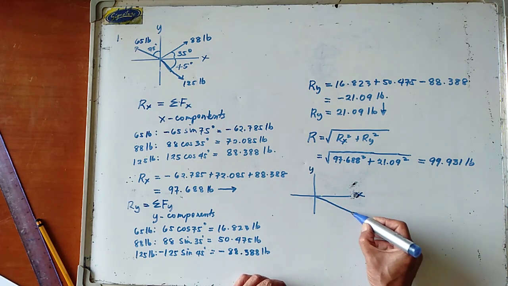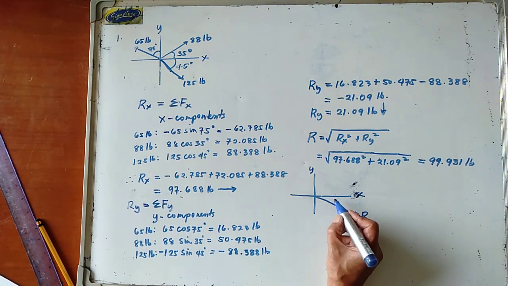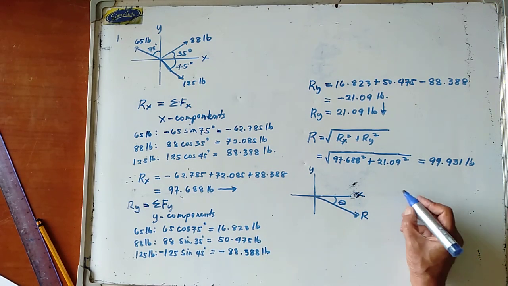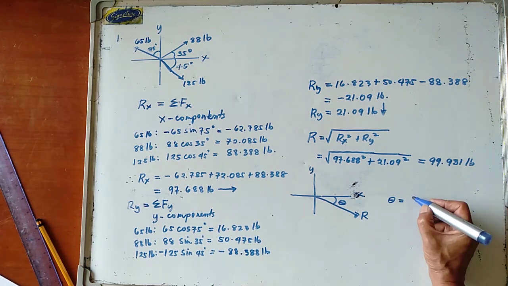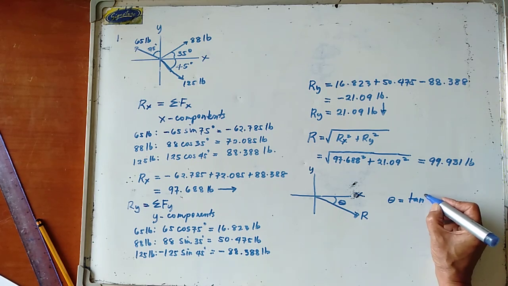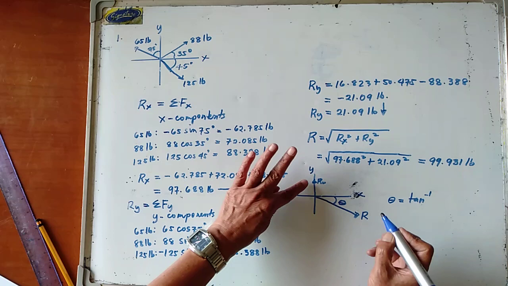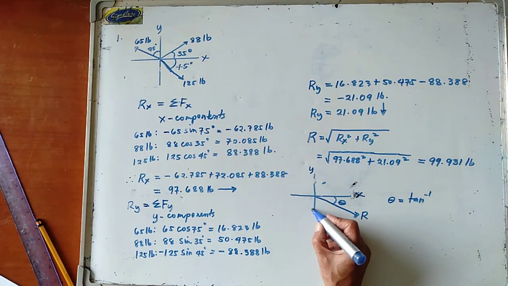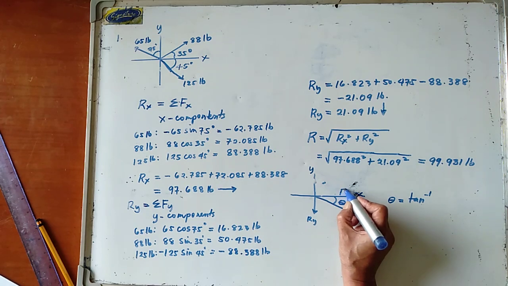Hence, this is the resultant force R. This is the angle it makes with the x-axis. Hence, theta is equal to the arctangent of Ry, which is downward, and this is Rx.